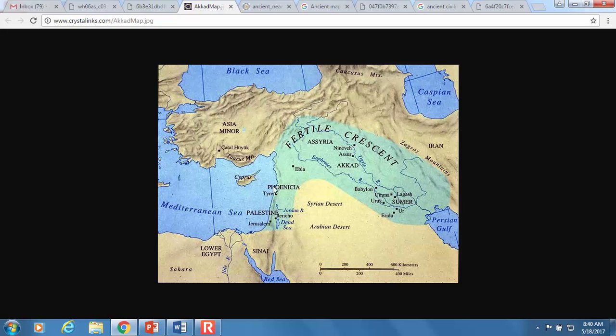But right here. And they were best known for their sea trading abilities. They may have actually been the first ones from this area to sail as far west as the Strait of Gibraltar. Great ship builders, which makes sense because they needed the ships for their livelihoods.